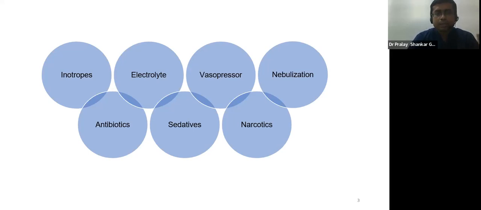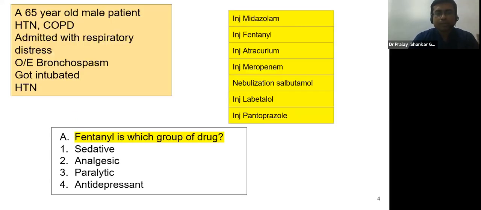I will start with a case scenario. I think this type of case scenario is common in ICU wherever you work. A 65-year-old male patient who had a previous history of hypertension and COPD, chronic obstructive pulmonary disease, is admitted to your ICU with respiratory distress, and on examination, you found that the patient is having bronchospasm.